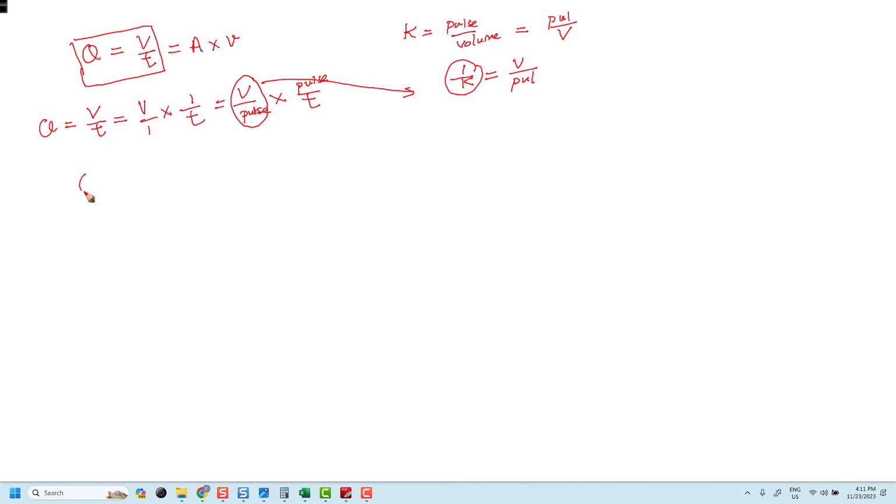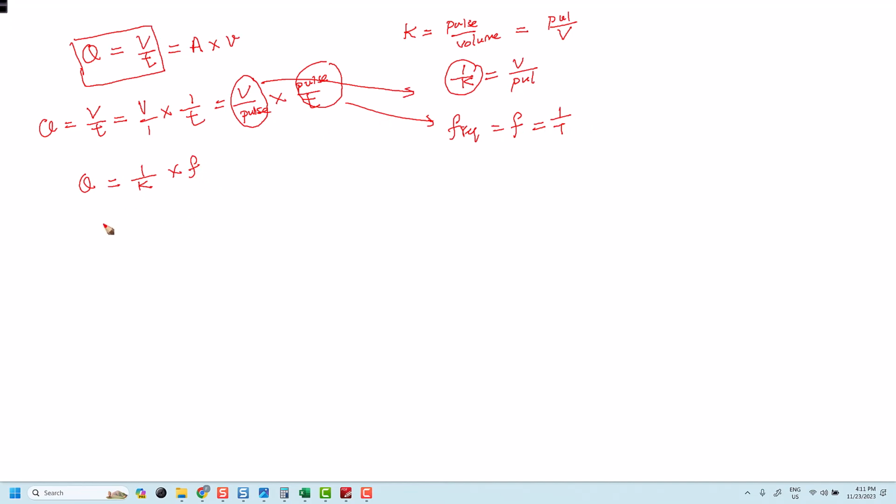So Q is equal to 1 over K times pulses per time, which is equal to frequency, or you can write it as F. Why? Because frequency is equal to 1 over period, which is equal to pulses over time. So this is frequency.